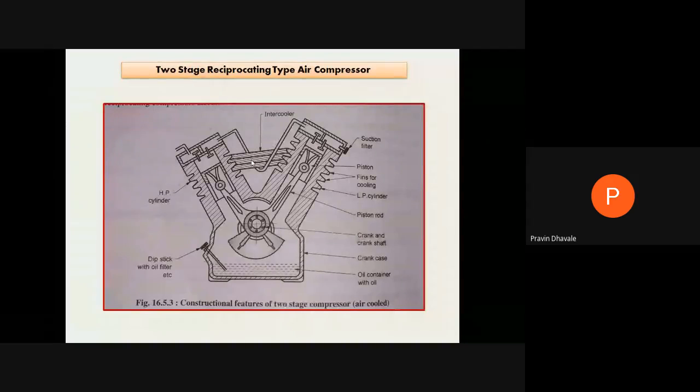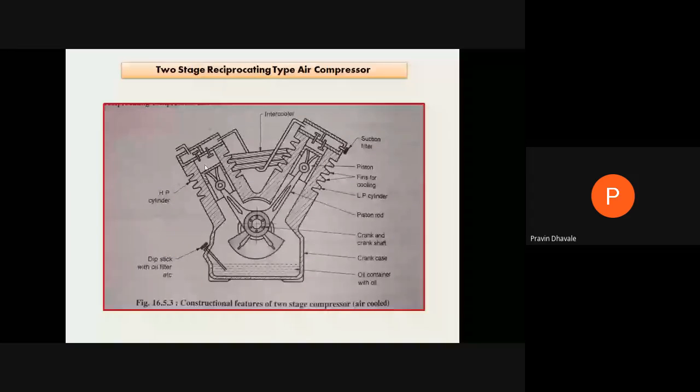So in order to maintain the pressurized air coming out from the low pressure cylinder near atmospheric temperature, we must provide an intercooler so that its temperature remains near the atmosphere. So the total amount of pressurized air coming out from the low pressure cylinder will be passed to the high pressure cylinder. So this point you have to remember.